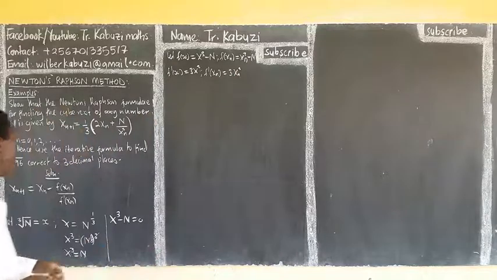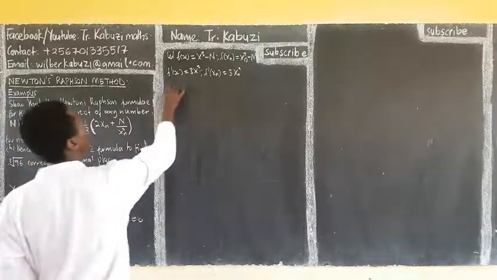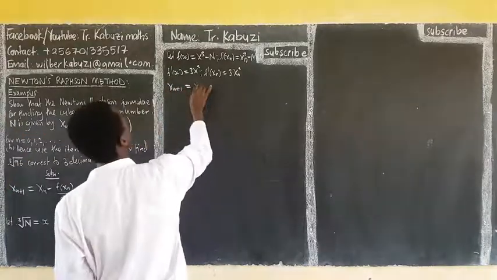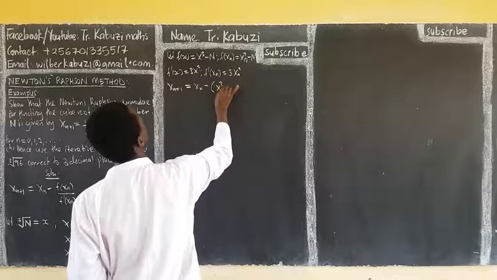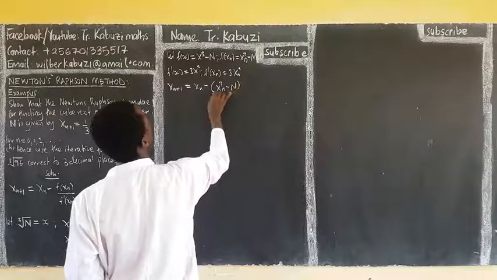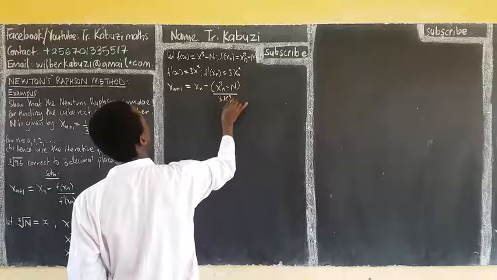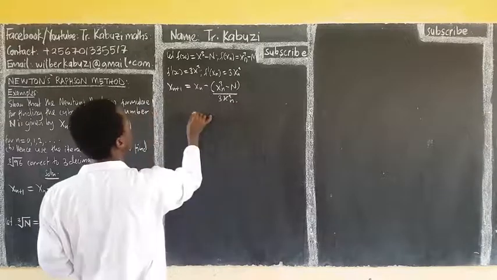As you can see, this and this. Now substitute into this formula, the whole over. So if I cross multiply, you see this is going to multiply this.